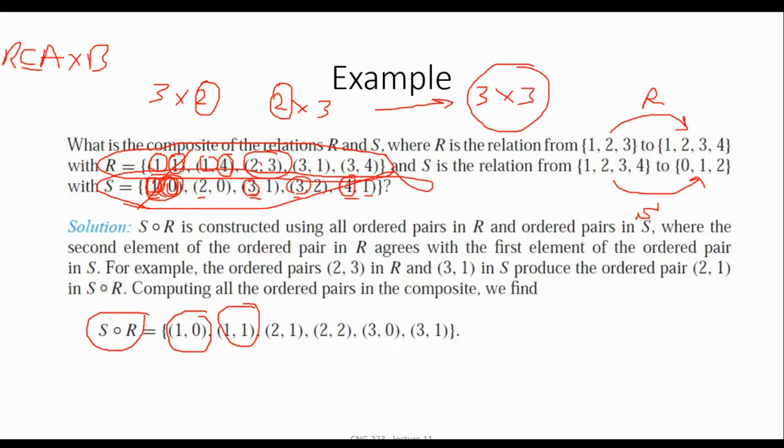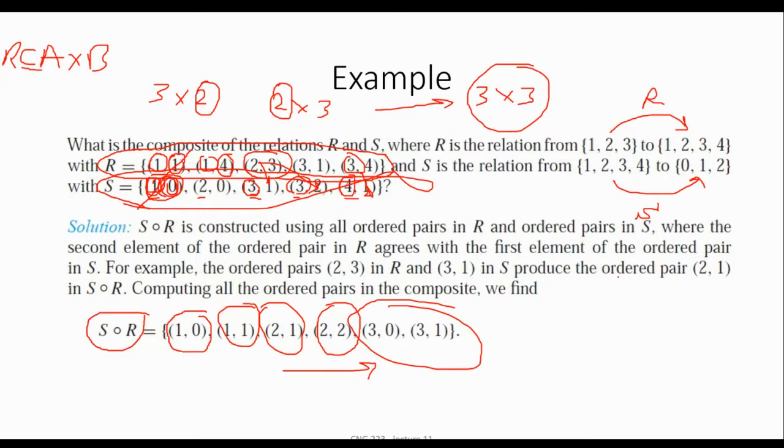So it means that I will have 2, 1 and 2, 2. And for the rest of them, you can do the same logic. For 3, 1, again, you will have 1 here, so you will have 3, 0. Here for 3, 4, we have 4, 1, so you will have 3, 1. So that's the composite of two relations.